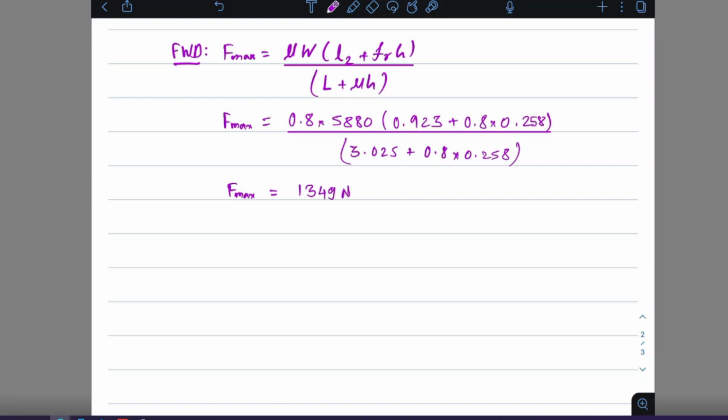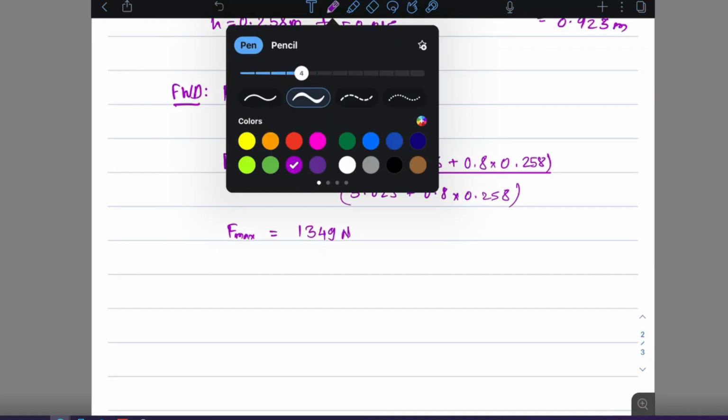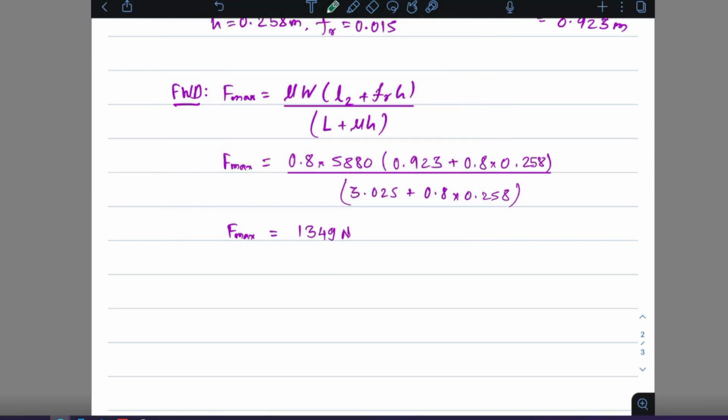If we take a look at this formula for F max, it depends on the following things. First, it depends on the friction coefficient.